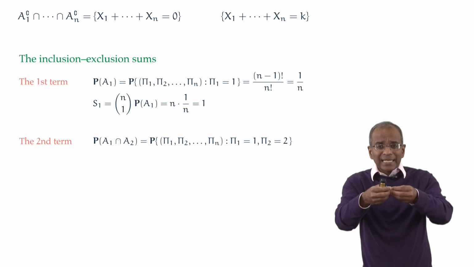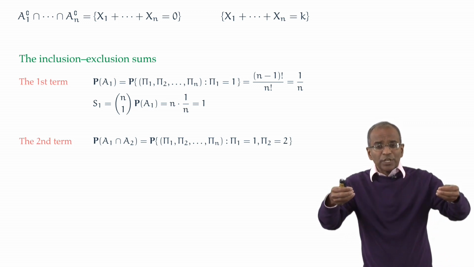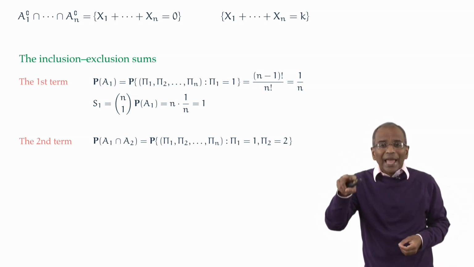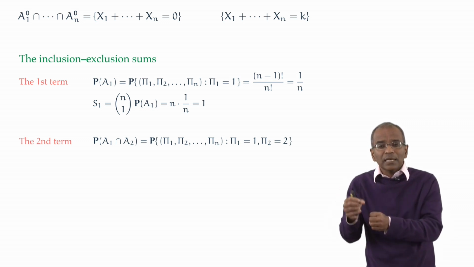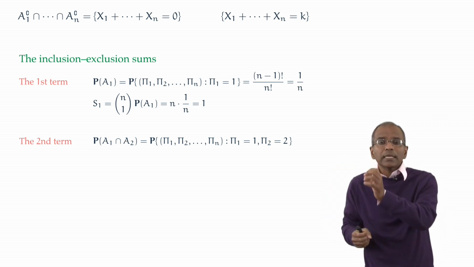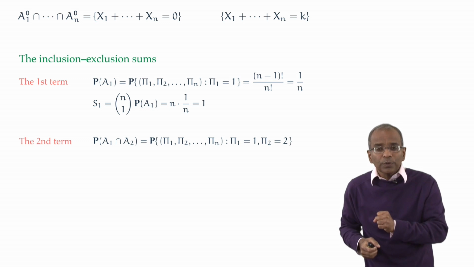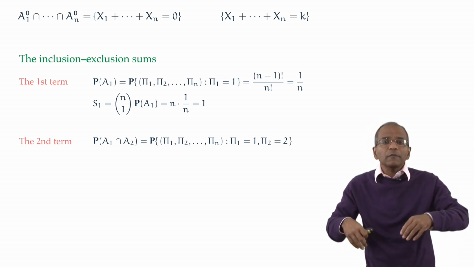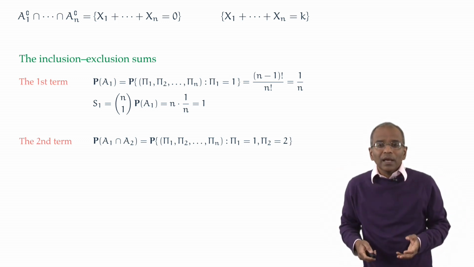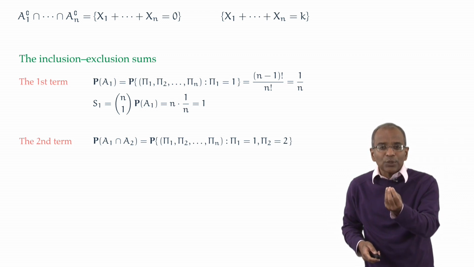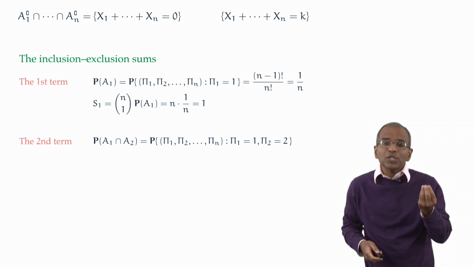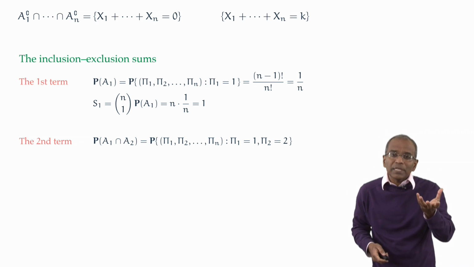Well, it means we're looking at all subsets of permutations where the first two elements in the permutation are fixed. The first element has to be 1, the second element has to be 2, and the remaining elements can vary arbitrarily. And therefore, A1 intersection A2 has exactly n-2 factorial elements in it.